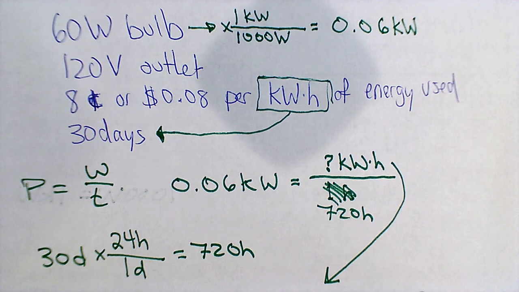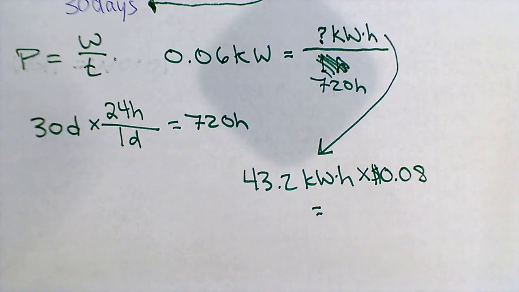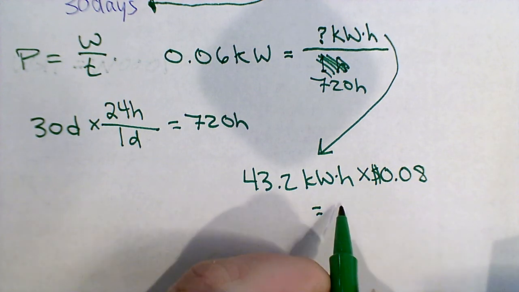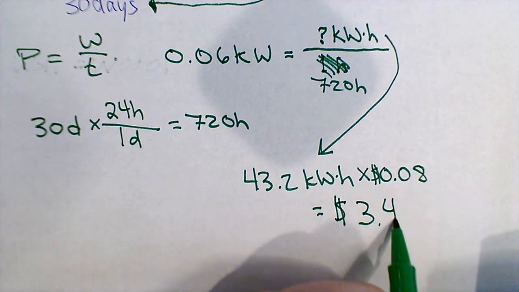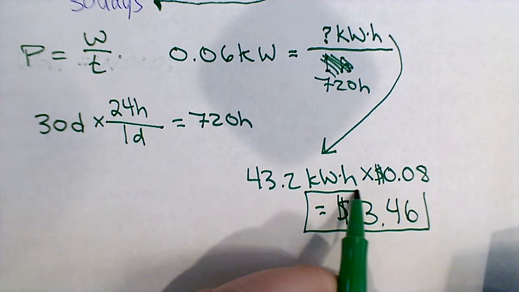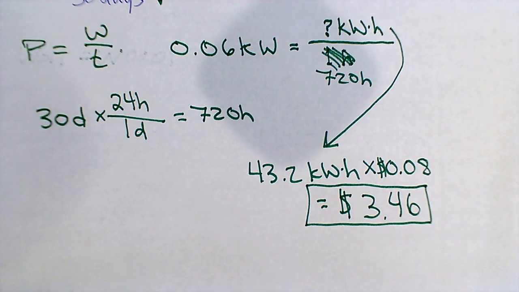So 43.2 times 0.08: leaving that one light bulb on 24/7 for a month would cost about $3.46. Hopefully that seems like a reasonable answer.